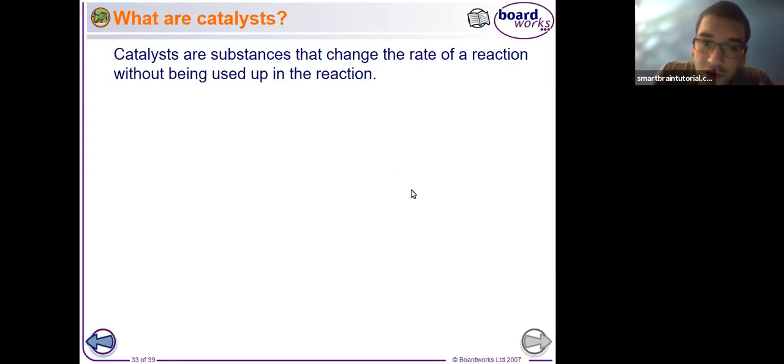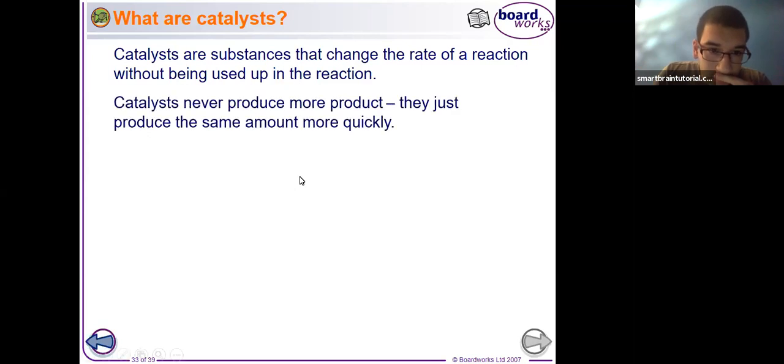So they are not consumed during chemical reactions. Catalysts never produce more product. They only produce the same amount, but more quickly.